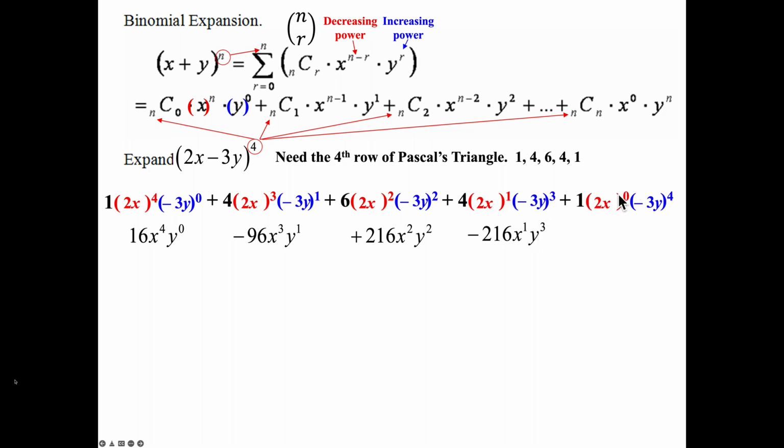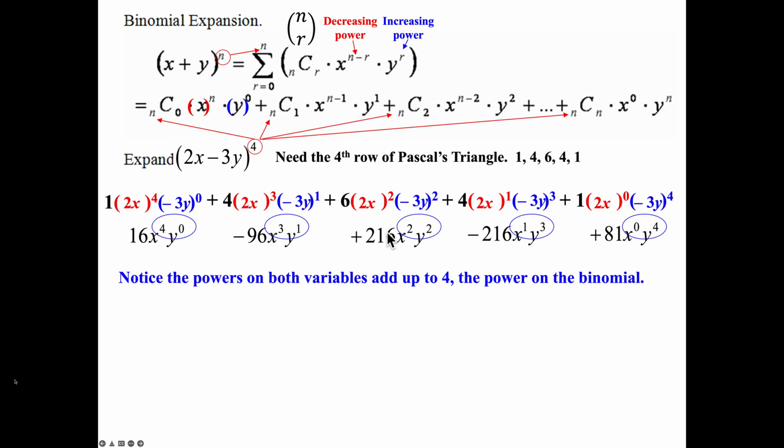Like we said, we cross this out because that's a 1. So negative 3 to the fourth power is 81 y^4. But again, I'm keeping that x to the 0 power here to notice something special about your powers. All the exponents on your variables have to add up to 4, which is the power on your binomial.